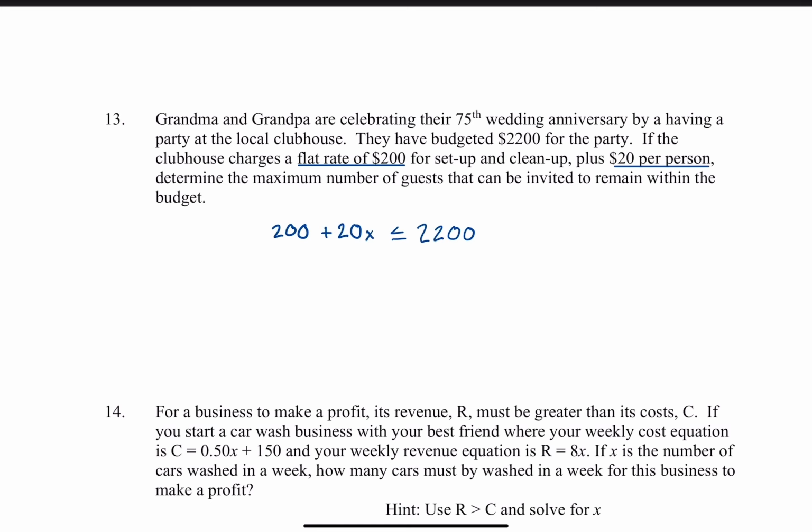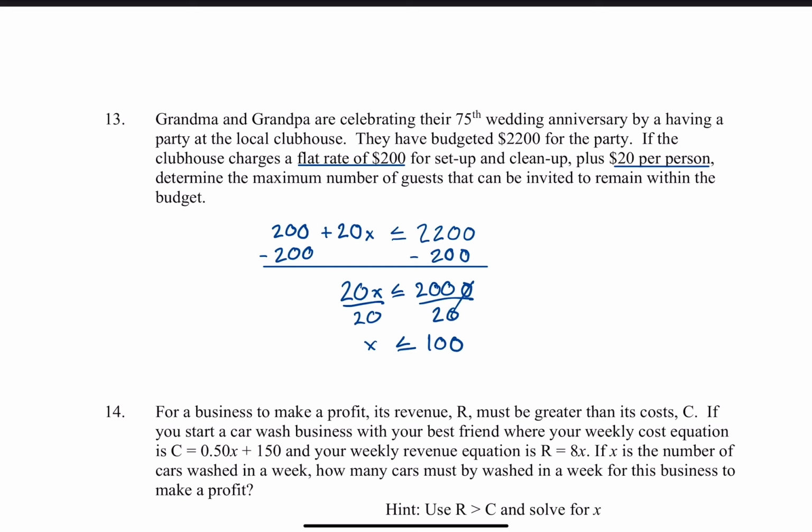And then we can go ahead and solve that like we had previously. So subtract 200 from both sides. And you end up with 20x is less than or equal to 2,000. Divide both sides by 20. So x is less than or equal to, again, you could cancel the zeros, it's going to be 100.